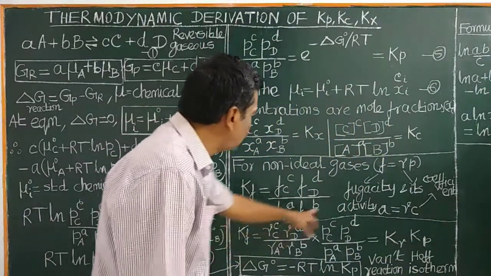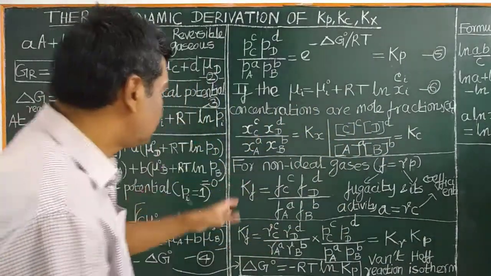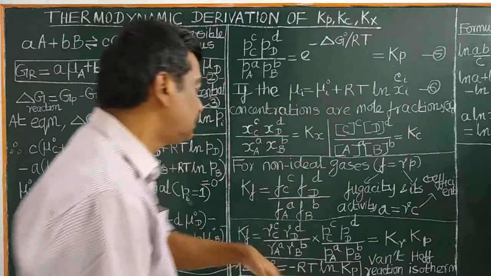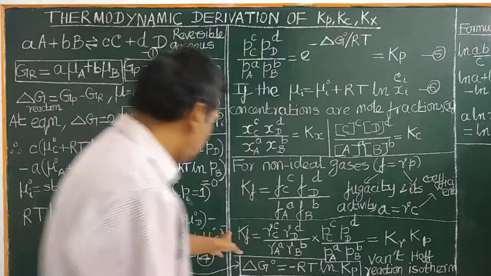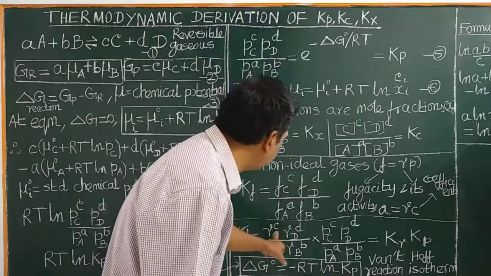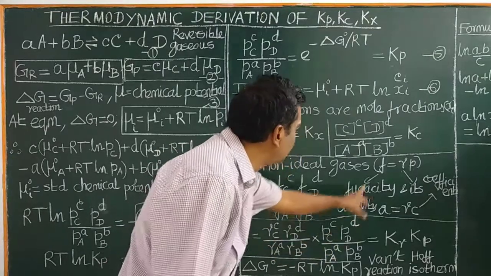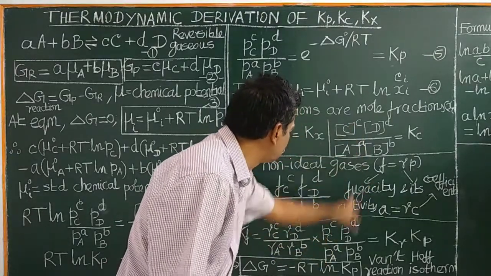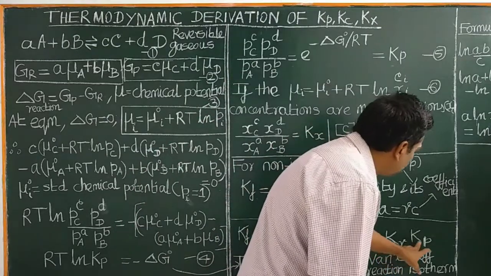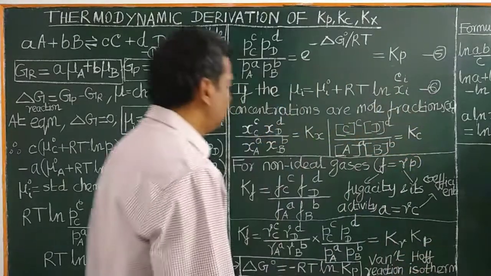Similarly, this is for non-ideal, real gaseous reactions. For reactions in solutions, we can write the activity coefficient gamma C, and instead of activity, the concentration of C. Here the activity coefficient term is K gamma, and the other term becomes Kc.